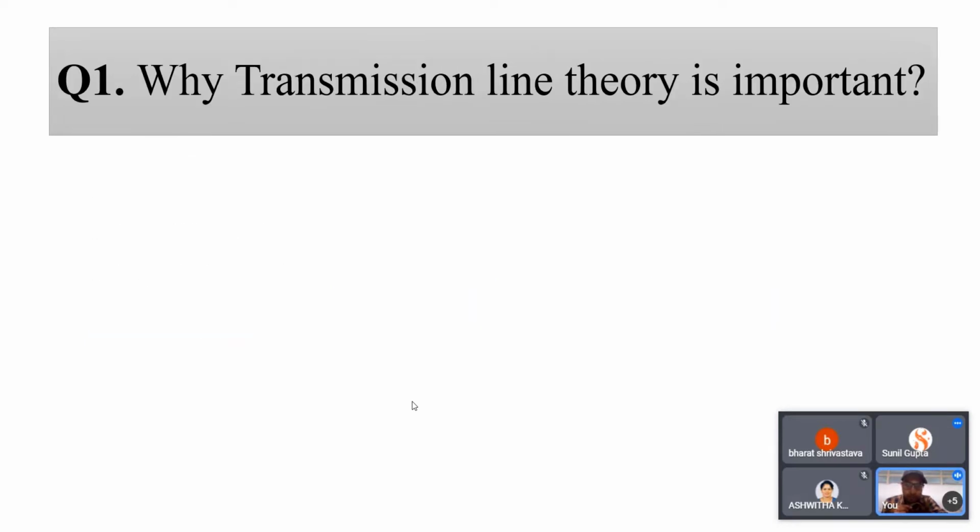So here is the first question. Why is transmission line theory important? Can anybody from the audience address this question: why is it so important, why can we not use the traditional circuit theory for solving it?